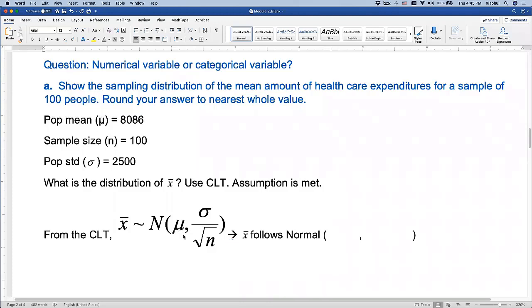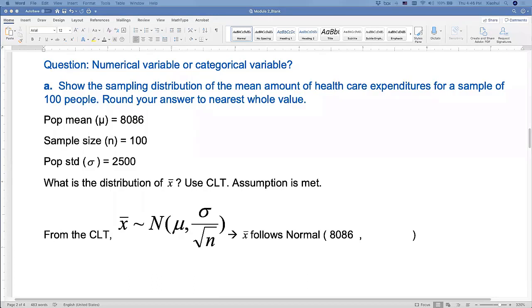The mean is mu, which is 8,086. This is simple, just plug in the numbers. The next one is sigma over square root of n. Sigma is 2,500 over square root of 100.